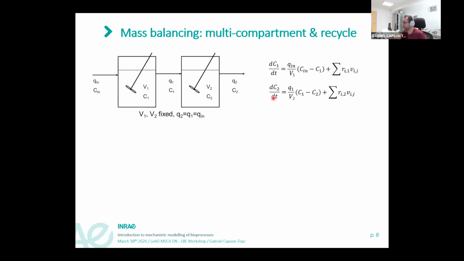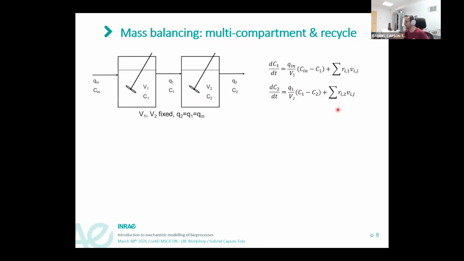If we do the same for reactor 2, in this case, it's going to be C2, the chemical species that we want to model. I'm saying chemical species because I'm not putting any biology in here. And what we have is, in this case, the influent is Q1, so the effluent from here. And of course, we don't have V1, but we have V2, and the difference in concentration in and concentration out, plus all the reactions that we have here.